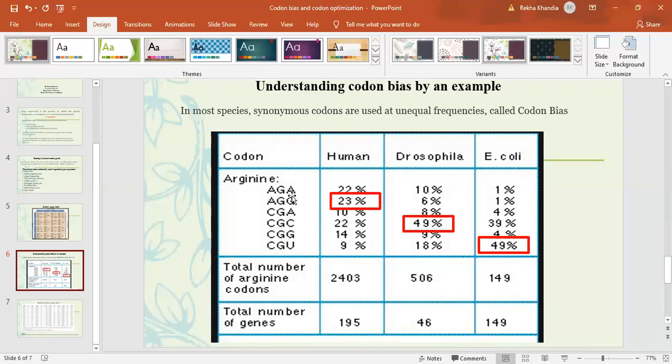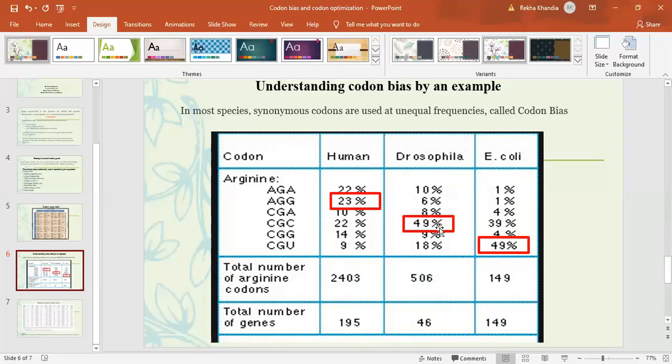For arginine, there are six triplets, which have been written here, in a comparative analysis of human, Drosophila and E. coli, and the percentage usage is given for each triplet. Here we can see that the AGG codon is the most preferred codon in human, because it is used 23% of the time, whereas CGA is the least preferred codon, used only 9%.